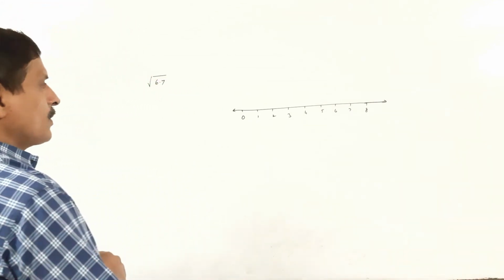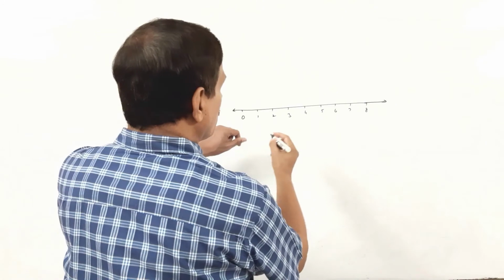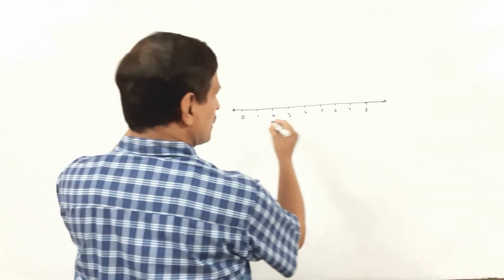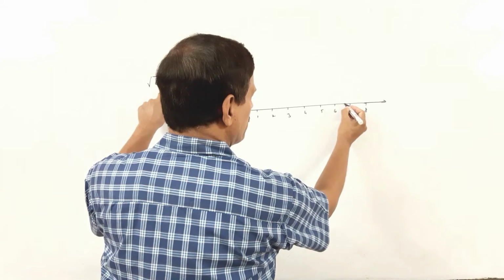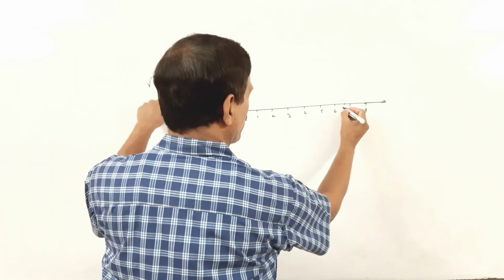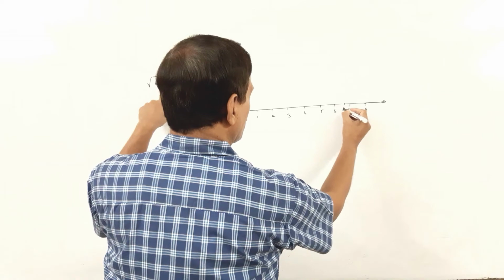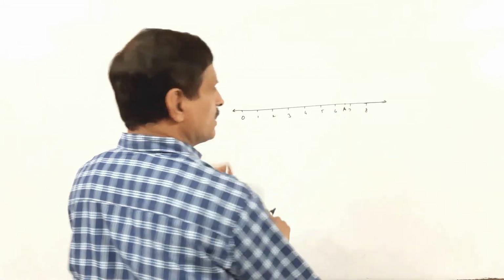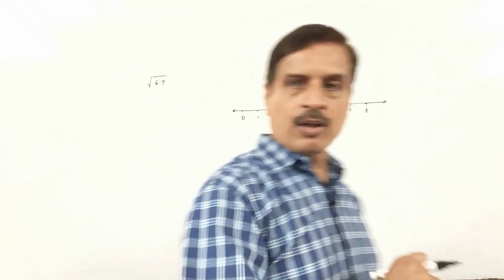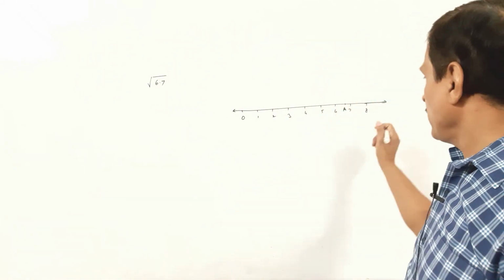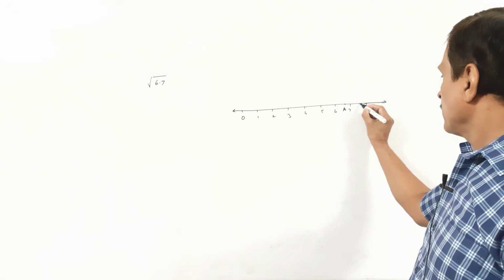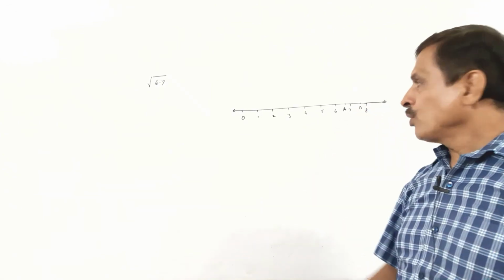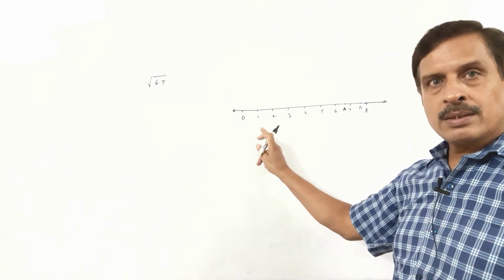Then we take a point of unit 6.7 on this, let this point be A, this is equal to 6.7. Then we mark another point on the number line at B such that AB is equal to 1 unit length.